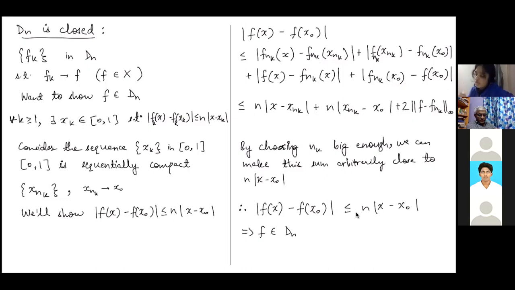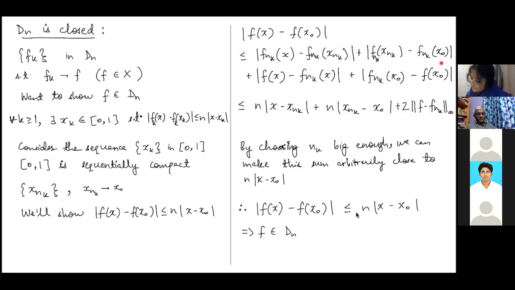So the advantage of this is that for these two terms, I can use information about f_nk. I know that this difference, with f_nk(x_nk), has to be less than or equal to n times |x - x_nk|.